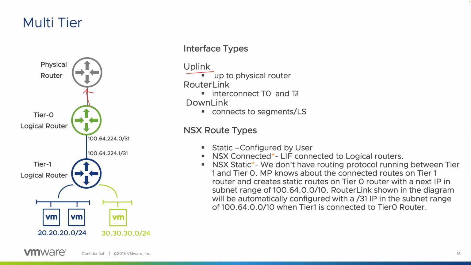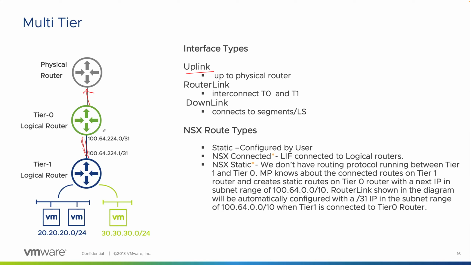Router link means the interconnect between T1 and T0. That's a router link, which is an internal link, so you don't care about the mechanism from T1 to T0. Everything is taken care of by NSX. Then we have downlink. Downlink means down to every segment or VM.